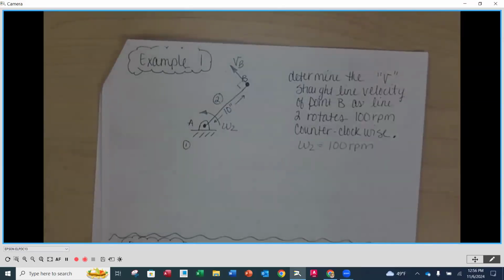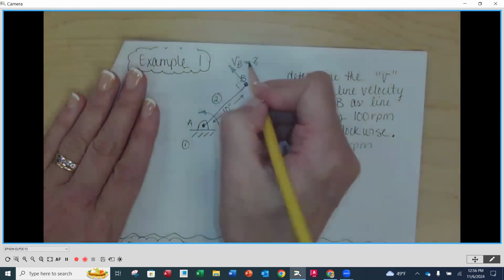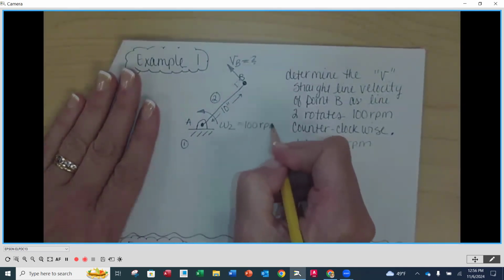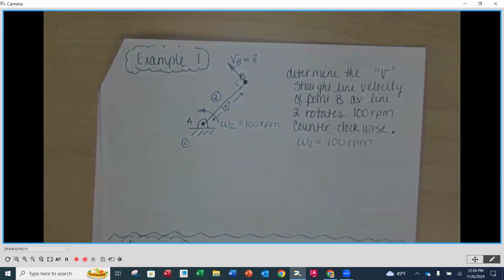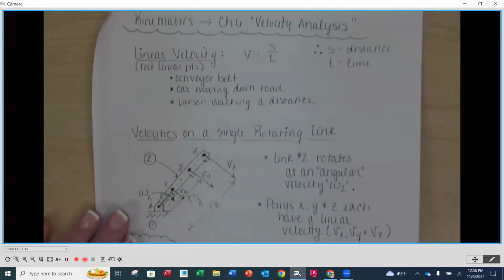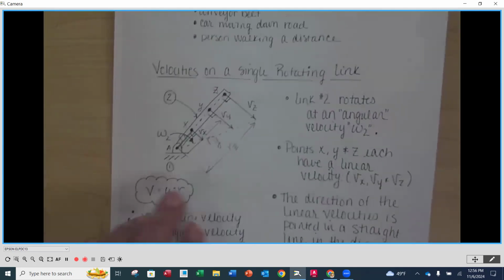So you want to add those labels that we just added. Now, this is the quantity that we don't know. This is something we're going to calculate, and we know W2 to be 100 RPMs. To determine that, the relationship between straight line and angular velocity comes directly from that very first equation. This is normally the standard form: V is equal to WR.